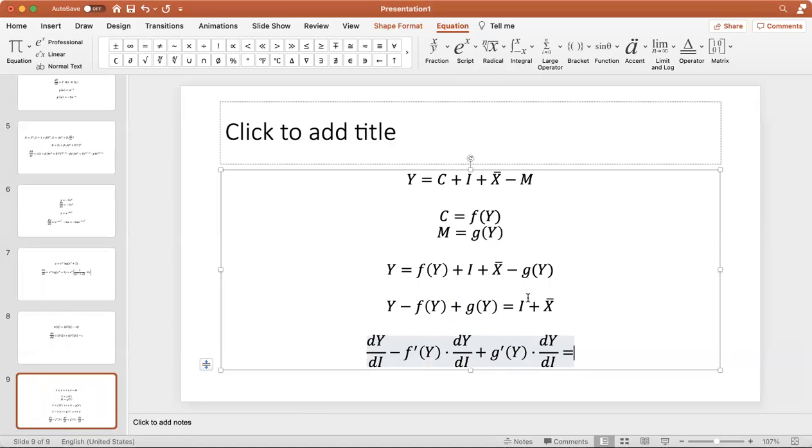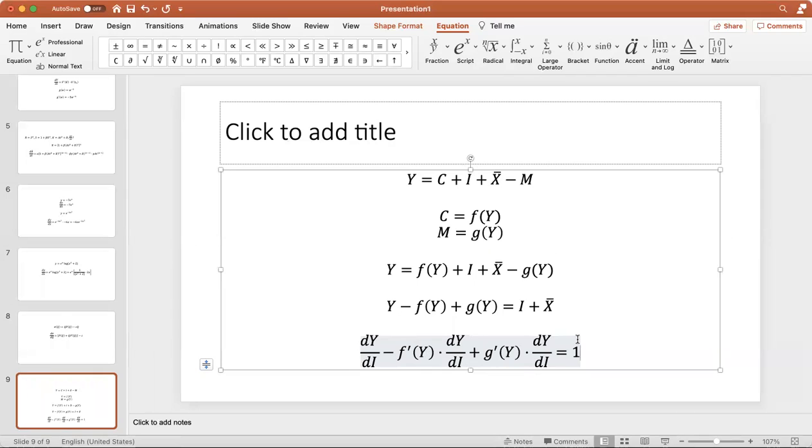Right? For the right-hand side, you take the derivative of I with respect to I, that's just 1. X will definitely disappear because we assume this to be exogenous. And for this application, let's assume that this is a constant. It's exogenous, so you just treat it as a constant.